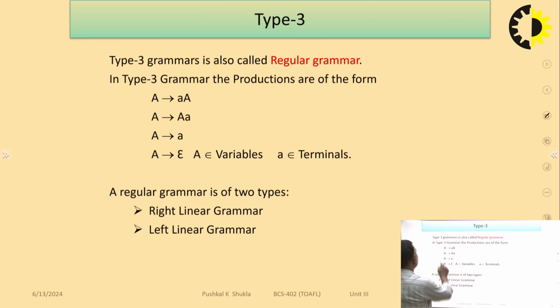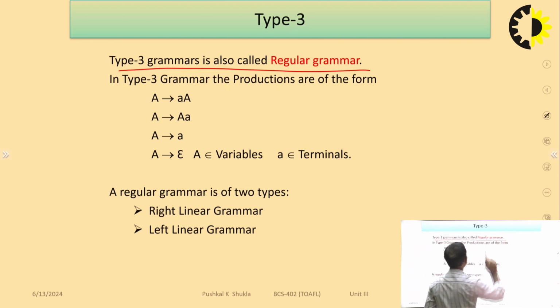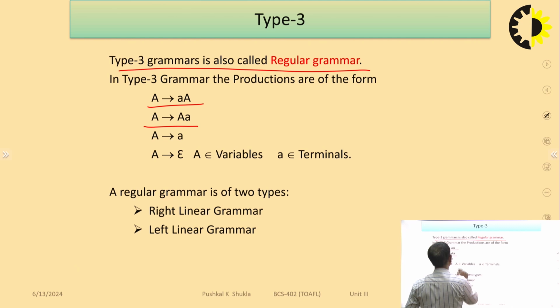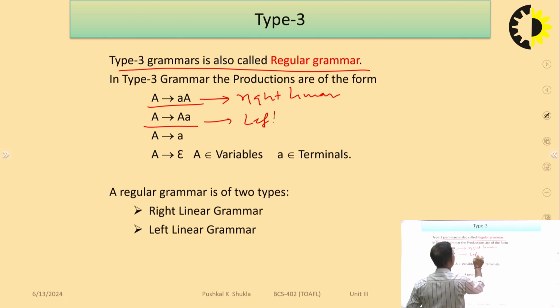Type 3 grammar is also known as regular grammar, and this type of production is accepted by DFA and NFA, the finite automata. The production is of the form A equals aA, with a capital A on the right. This is known as right linear grammar.